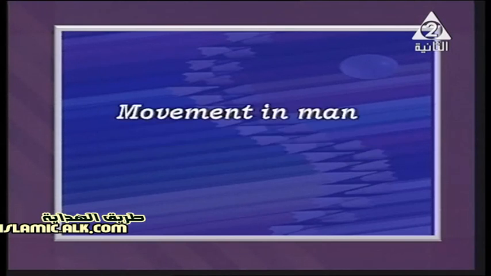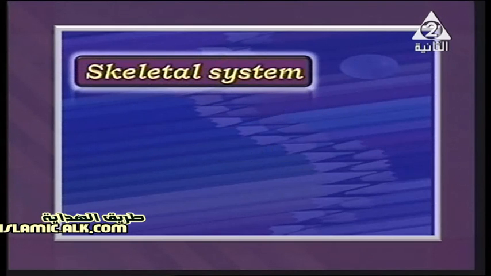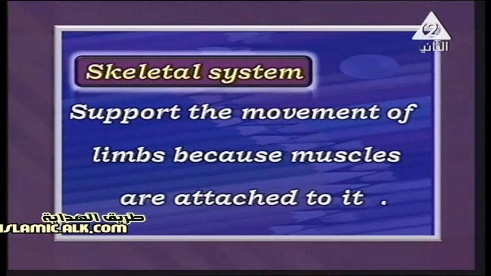Well, movement in man depends on three systems. The first one is the skeletal system. For what? As we said, it gives support and supports movement of the limbs, because the muscles are attached to it.